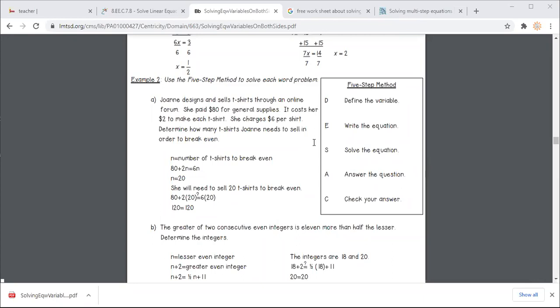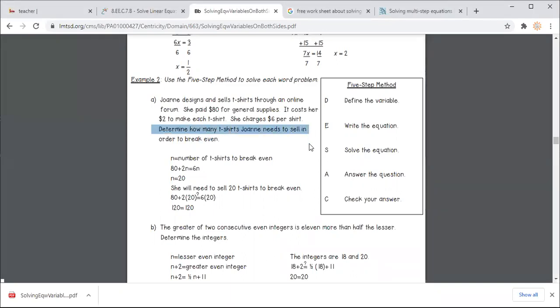What is the question in this? What is your target at the end of this question? You want to calculate what? He said determine how many t-shirts, right? So this is what we are looking for.